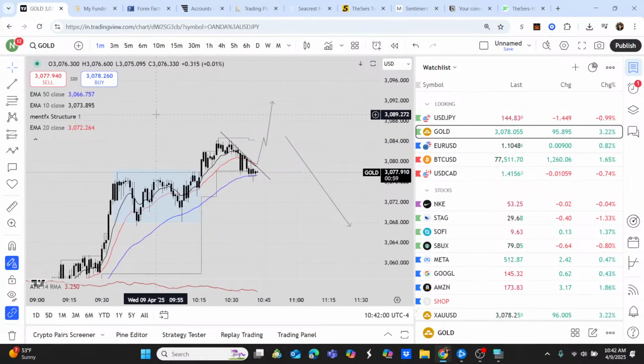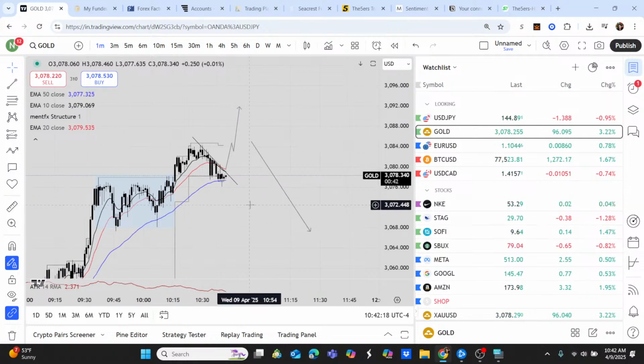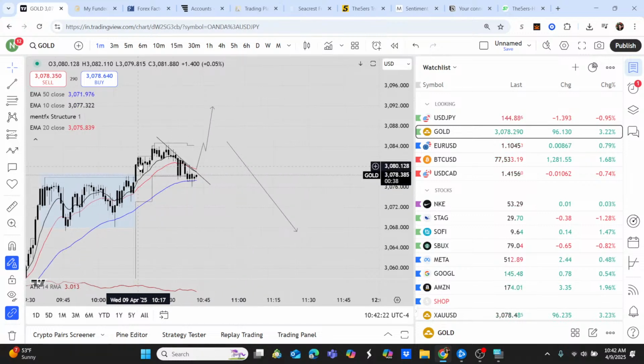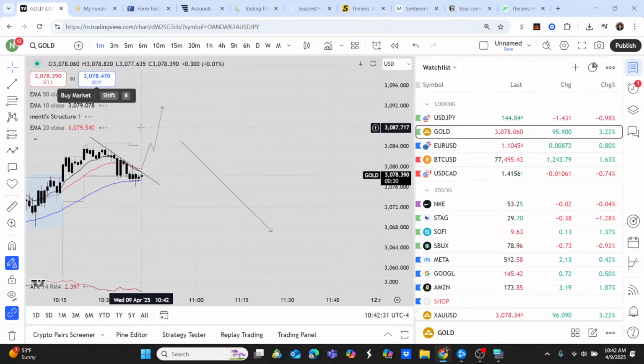So yeah, that can set up for the challenge. I'll take another entry. But based on price behavior, I'll know if price is ready for my actual entry for a 5 minute for the funded accounts, based on how price moves on the 1 minute.